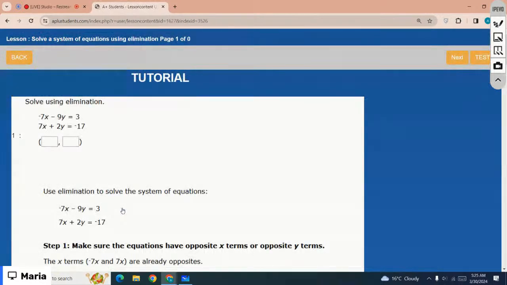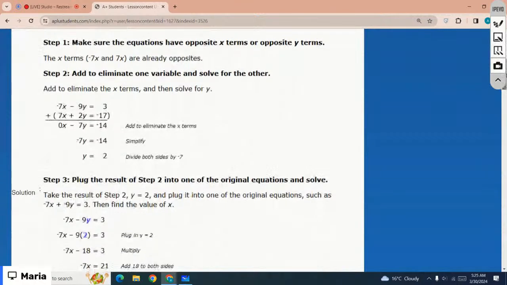So let's just start with the first example, that is negative 7x minus 9y equals 3 and 7x plus 2y equals negative 17, right? So here you have three steps to solve the question. Make sure the equations have opposite x terms or opposite y terms, right?